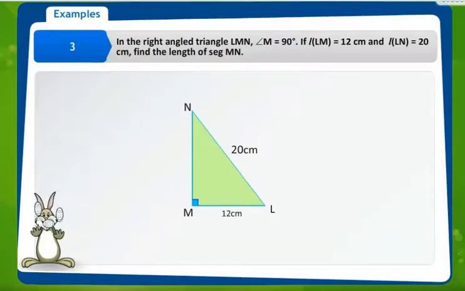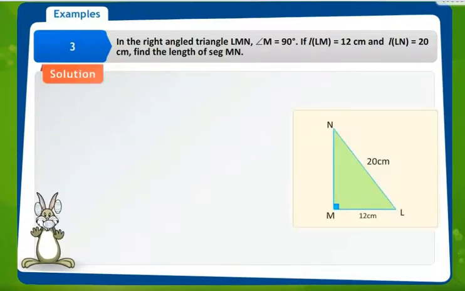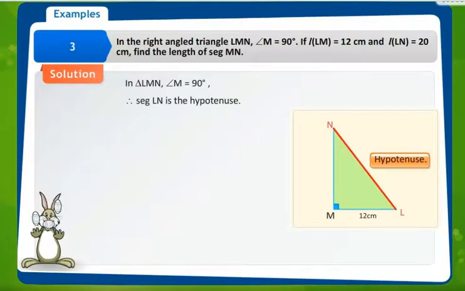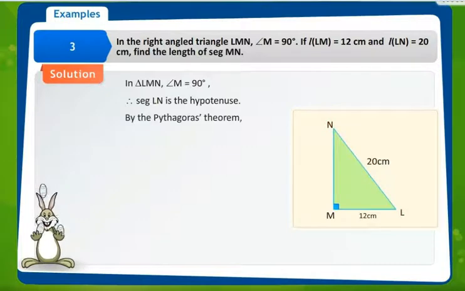In a right angle triangle LMN, measure of angle M is 90, LM is 12, LN is 20. Find the length of MN. Now when you apply Pythagoras theorem to triangle LMN, length of LN square is equal to length of MN square plus length of LM square. Since LN is the hypotenuse, now we put the values.